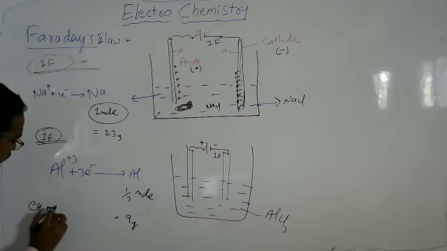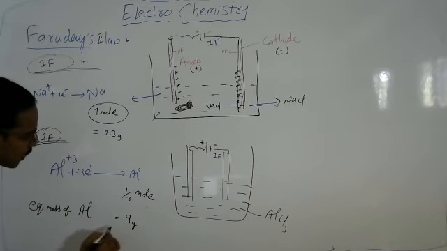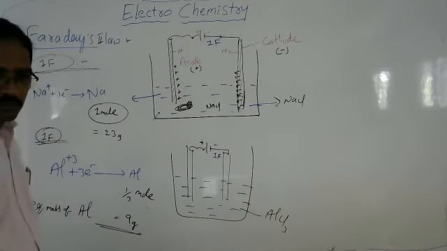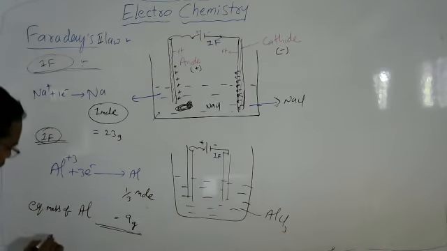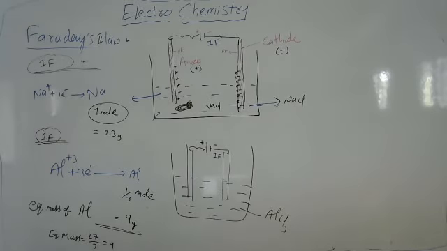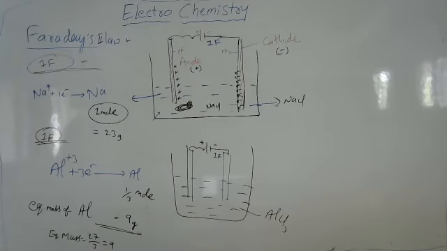Equivalent mass of aluminum equals 9 grams. Equivalent mass, how to calculate? In normality you learned. Equivalent mass equals 27 by 3, that equals 9. Why 3? Because the valence of aluminum is 3.